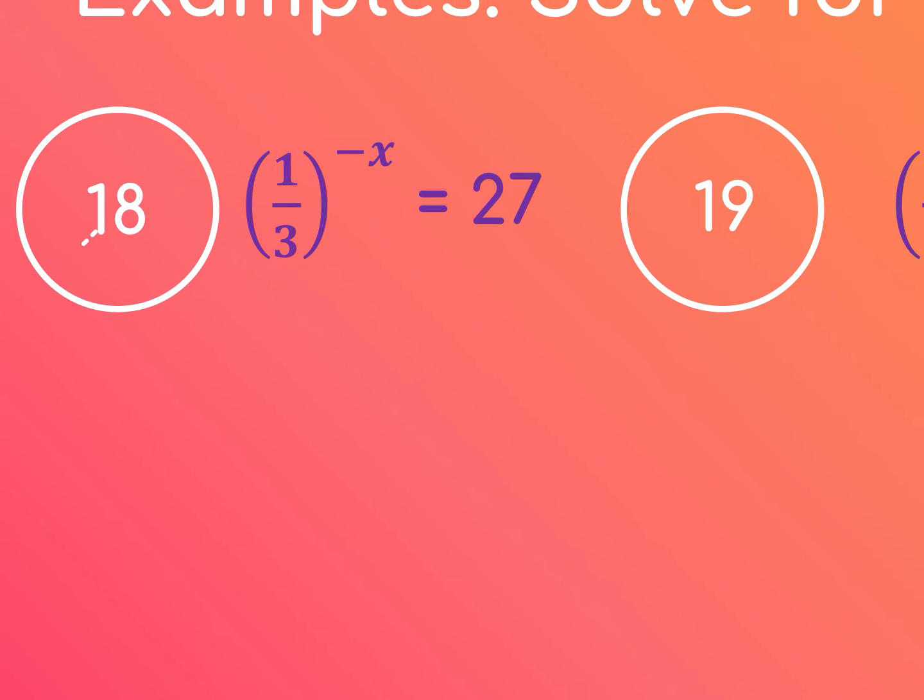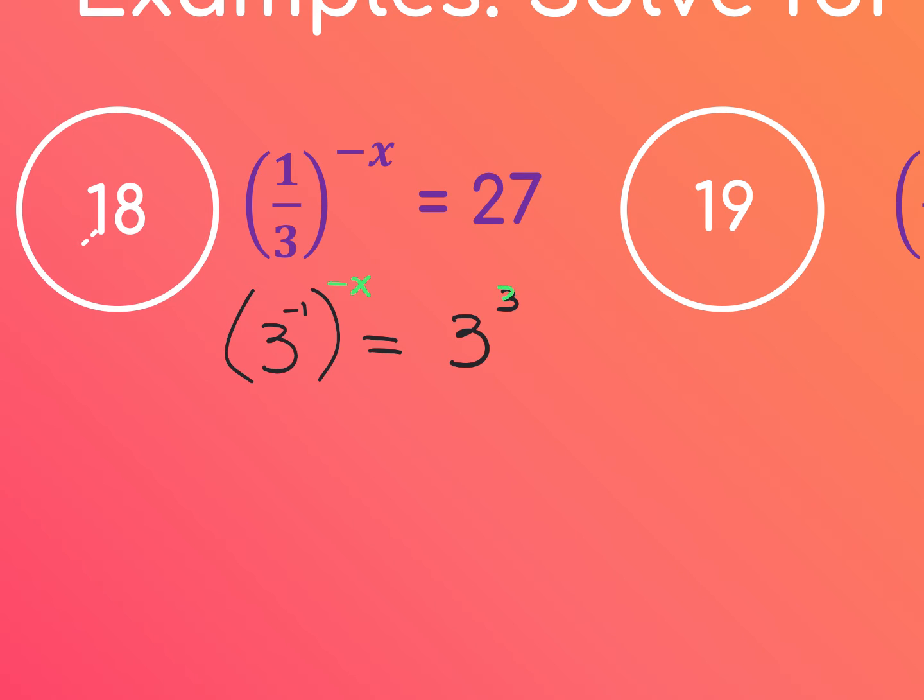So again, my goal here is to make them have the same base. Instead of trying to make 27 into a 1/3, let's make them both have a base of 3. So again, the 1/3, I can change this so it's 3 to the negative 1. But remember, it still has this negative x exponent. And then the 27, I'm going to make this 3 to the 3rd.